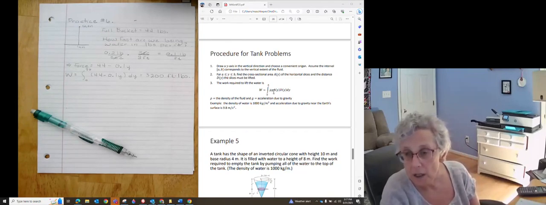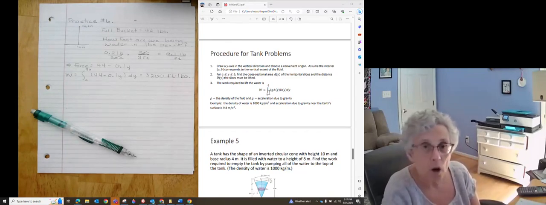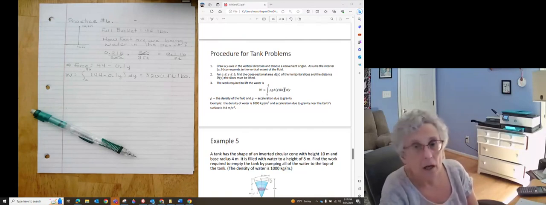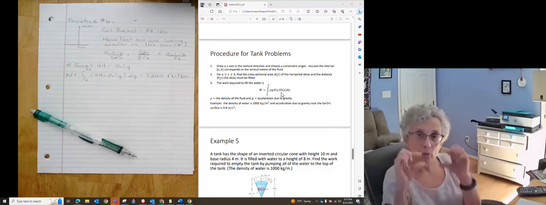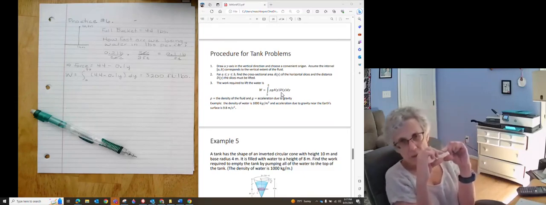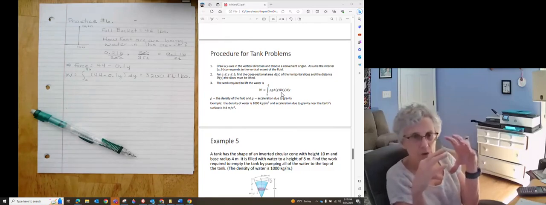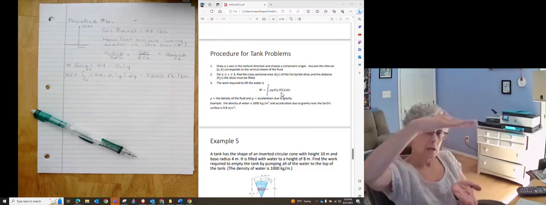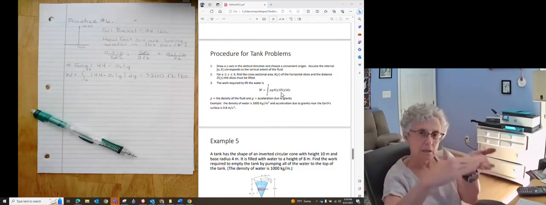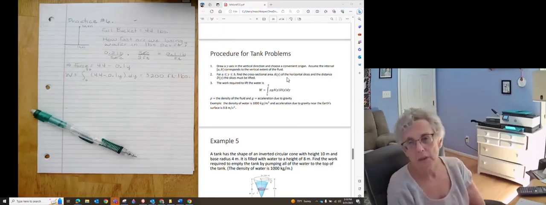So it's density of the water, or in my case lemonade, times gravity, times the area of a slice, times the distance the slice has to travel, and dy represents the width of the slice, because as always with these Riemann sums and integrals, we think of slicing and then letting the width of the slices decrease, and we end up with an integral.